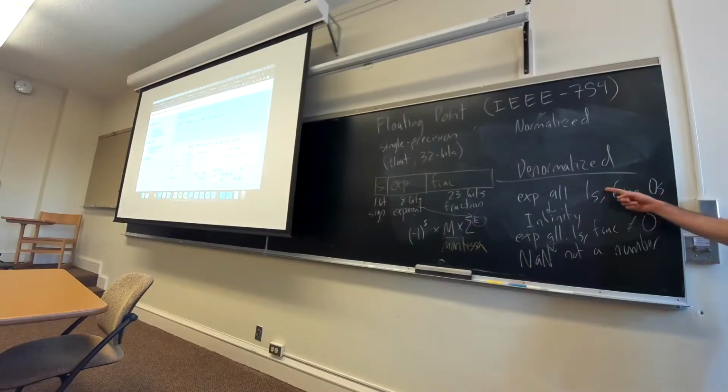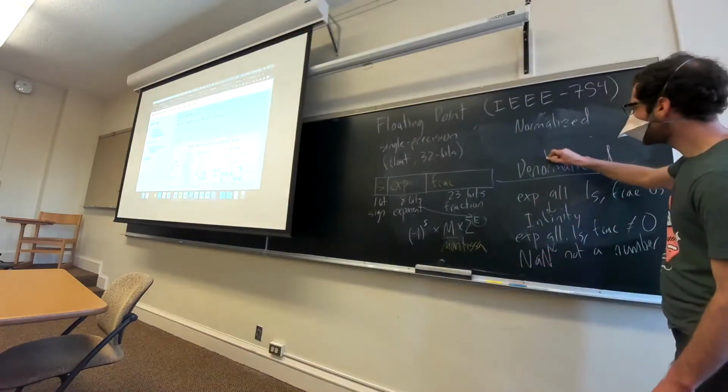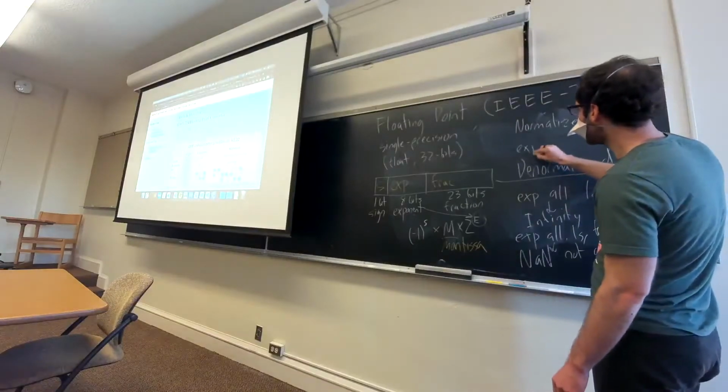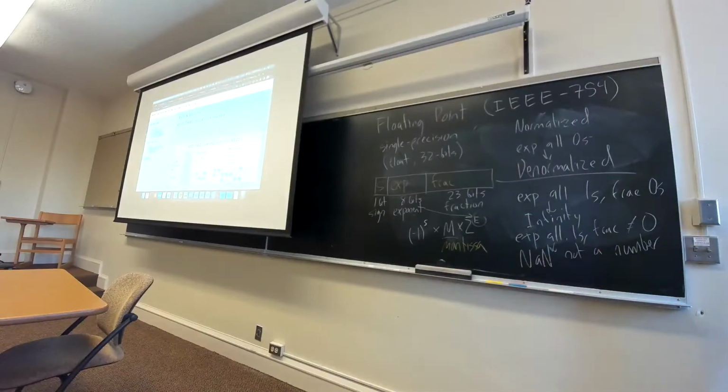Yeah, so note that these both happen when the exponent is all ones. Denormalized is when the exponent is all zeros. Okay. And if the exponent is anything besides all zeros or all ones, then we're in normalized. Okay.